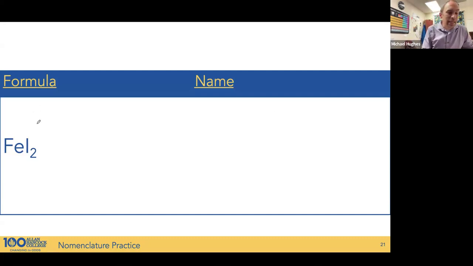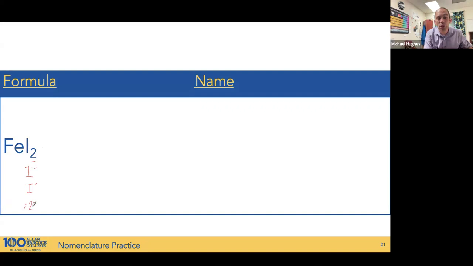FeI2. Is there a metal? Yes, iron. Do we know its charge? No, it's a transition metal, but it's not silver, cadmium, or zinc, and so we don't always know its charge. We know that iodine is iodide, a halogen that always gains 1 electron to form I minus, and there's 2 of them, making a 2 minus charge.